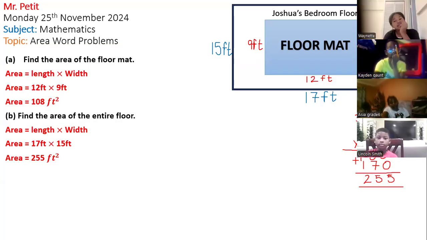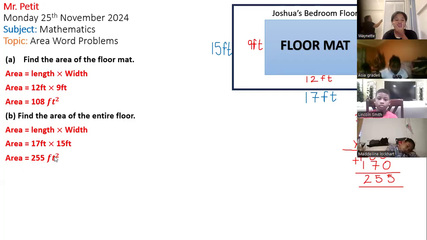So we multiply 17 by 15, which gives 255. Then we also add feet squared. That's the units for area. It's always units squared.